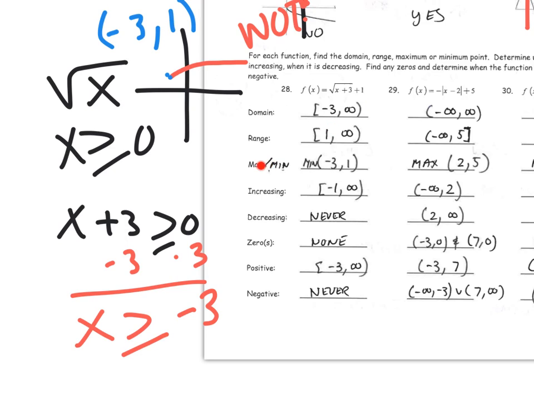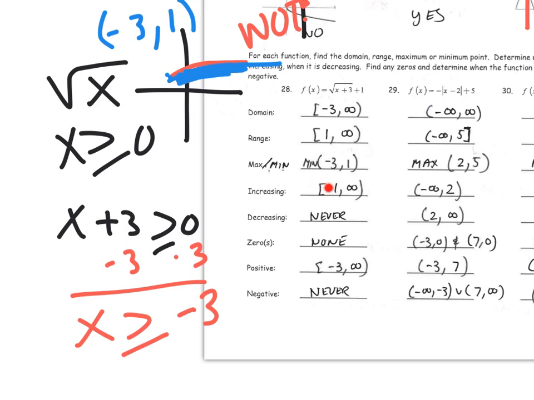Now the minimum or maximum, this is a min, and the minimum is right here, this negative 3, 1. It is increasing. This is always increasing, forever and ever it's increasing. So it starts at the beginning, and the beginning is negative 3, 1. So we're describing the x's.